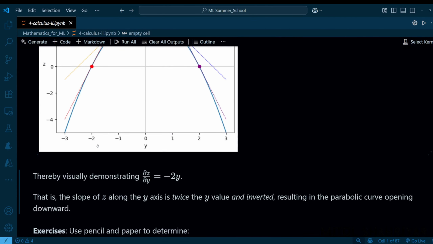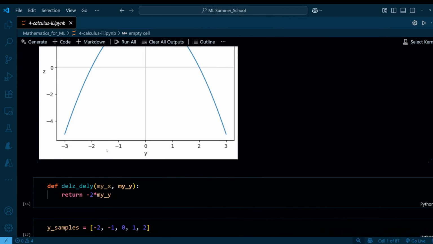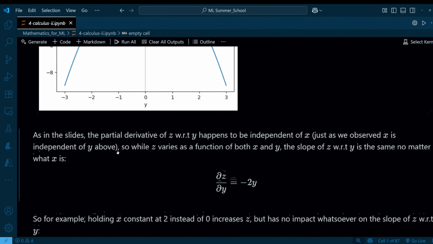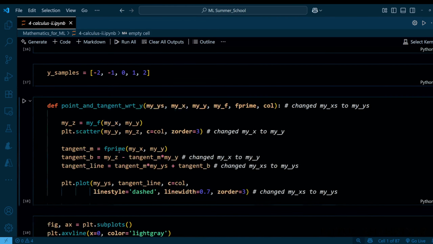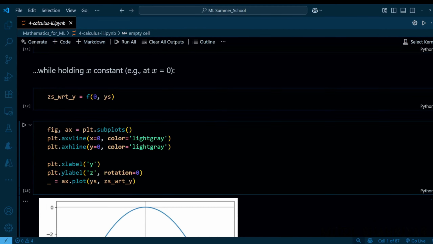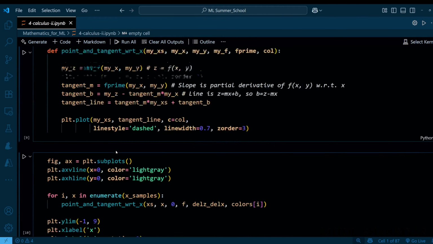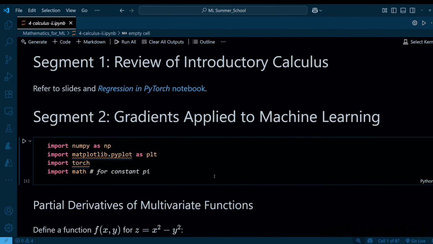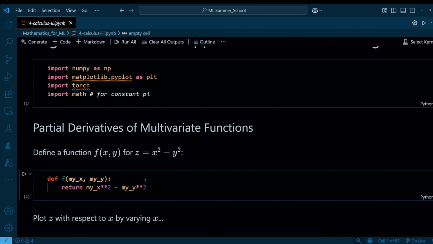That's for z equal to x square minus y square.